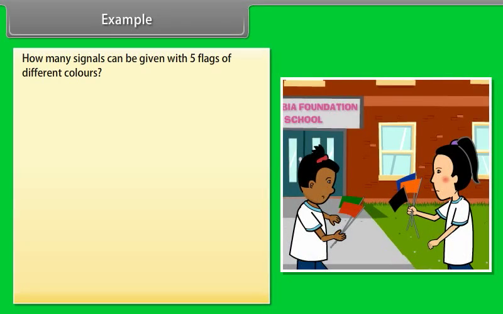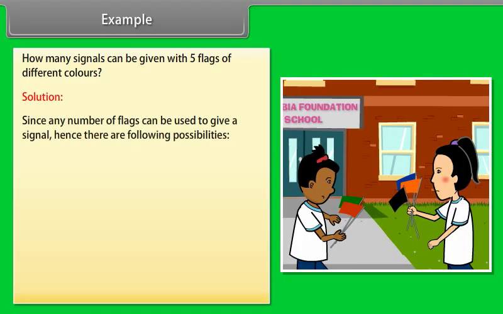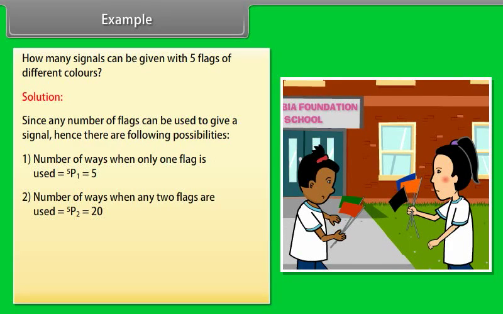How many signals can be given with 5 flags of different colors? Solution. Since any number of flags can be used to give a signal, there are following possibilities. 1. Number of ways when only one flag is used is equal to 5P1 is equal to 5. 2. Number of ways when any 2 flags are used is equal to 5P2 is equal to 20. 3.